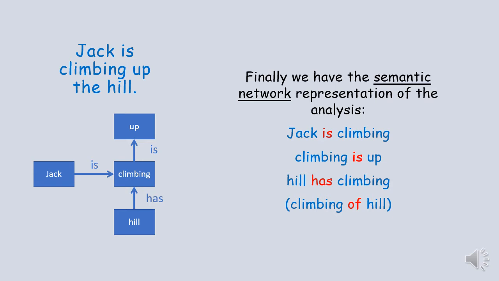And finally, again, we have the semantic network representation of the analysis Jack is climbing, climbing is up, hill has climbing, representable as climbing of hill. So we can see the network representation on the left hand side there.